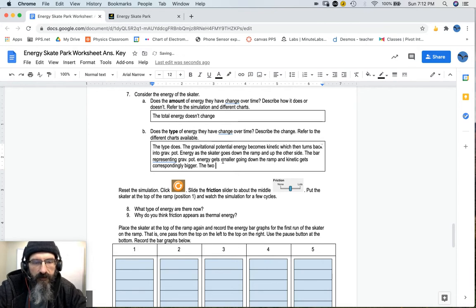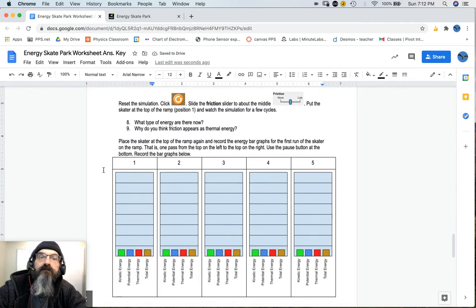The two add up to the total energy. There we go. Sorry, this may not be the best way to do this, but that's too bad.